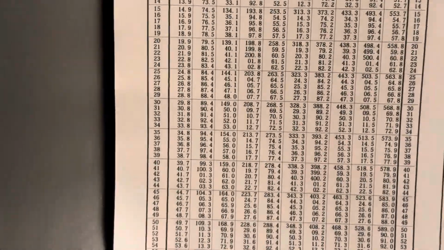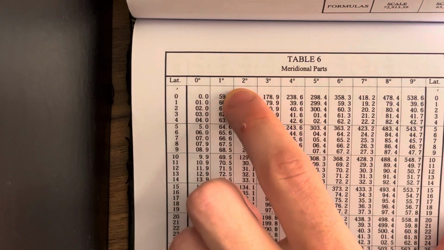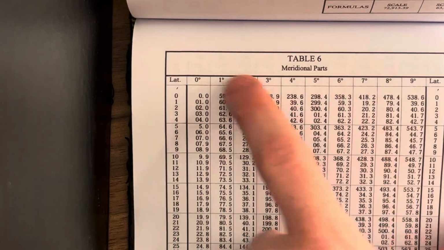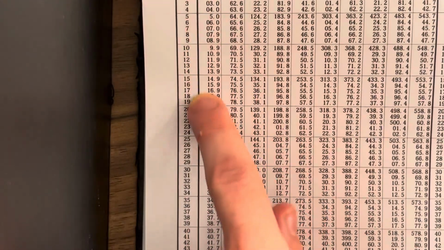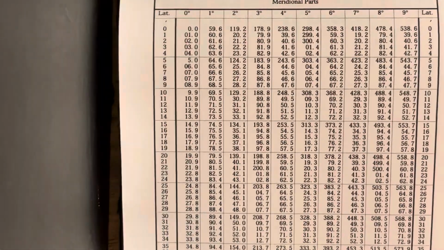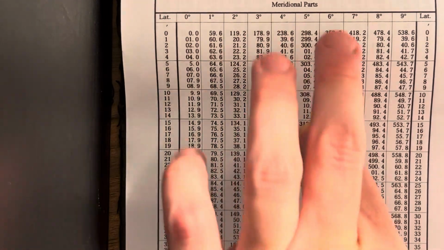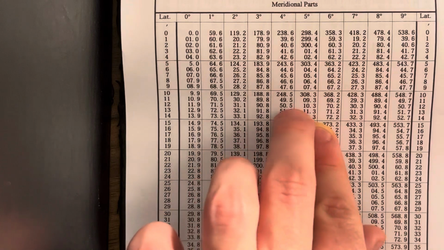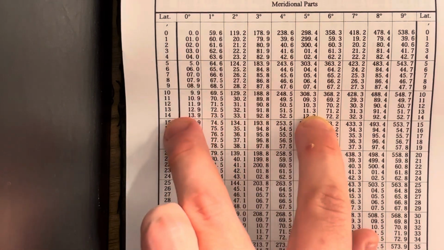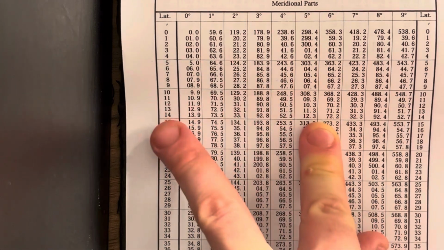If we go back to the front here, if I zoom in a bit, the way this table is broken down is you have your degrees listed on the top as the columns, and then your minutes listed along the sides from 0 to 60. So for instance, this one right here, if you go up, you can see it's on the 5 degrees column, and if you go across, it's on the 14-minute row. So that is the meridional parts for 5 degrees, 14 minutes.